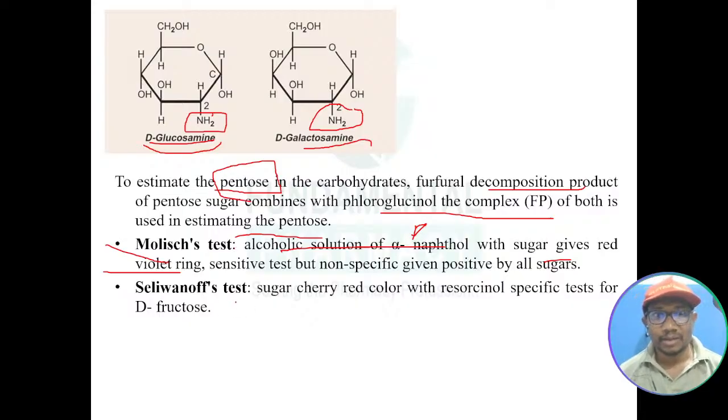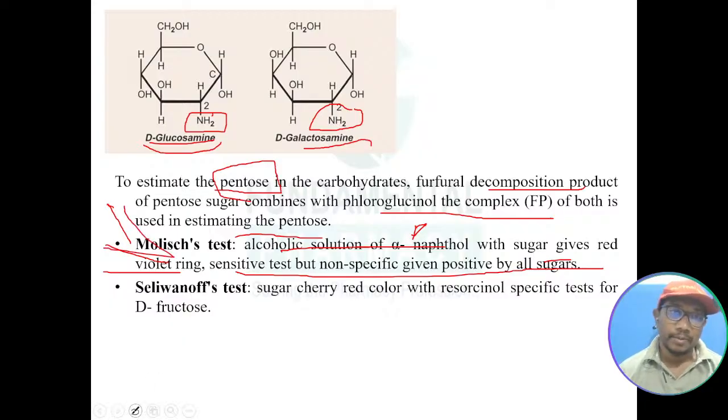So what happens? In the acid, the sugar is converted into furfural and that reacts with the phenol to give a color. This test is a non-specific test, given positive by all sugars. So the identification test for sugar is the Molisch test.